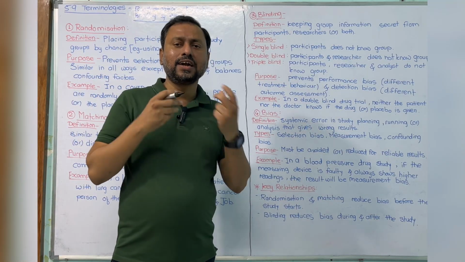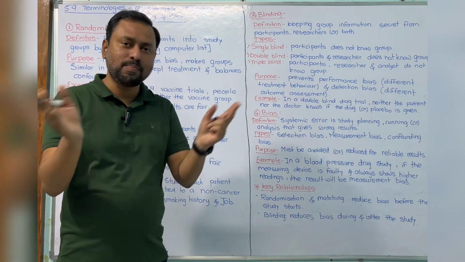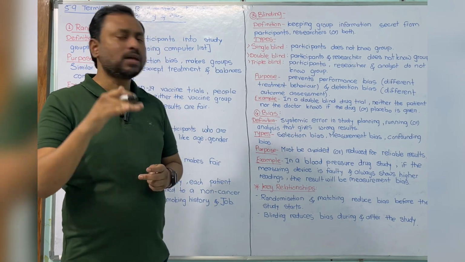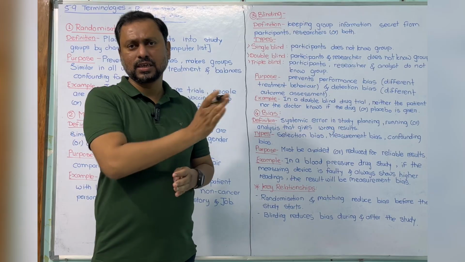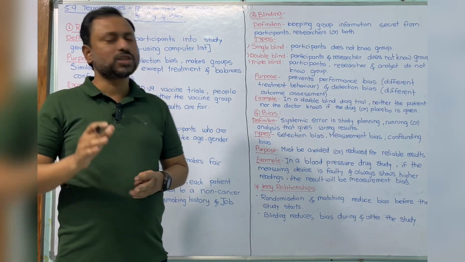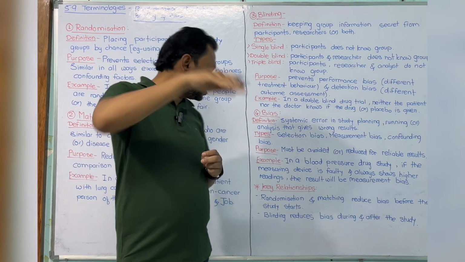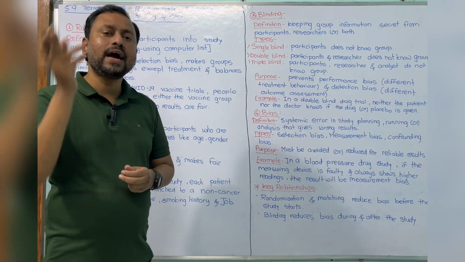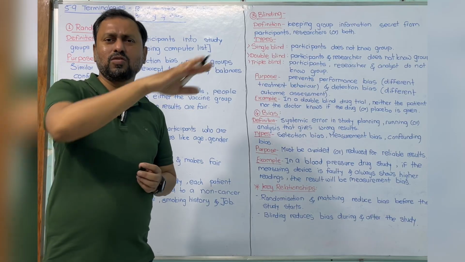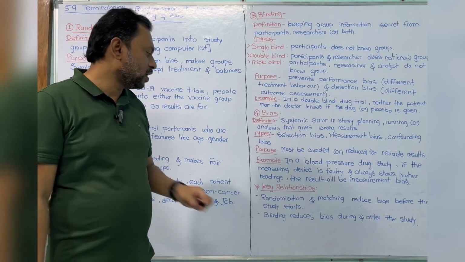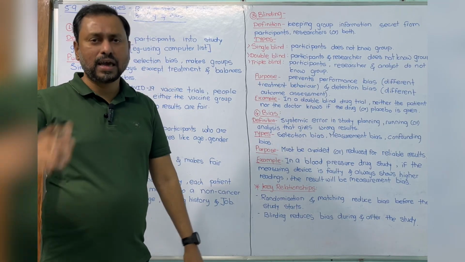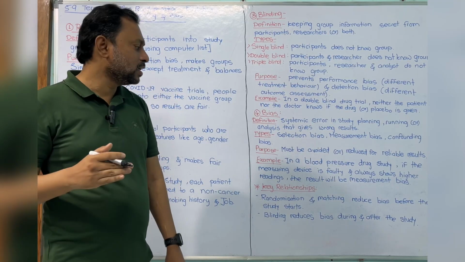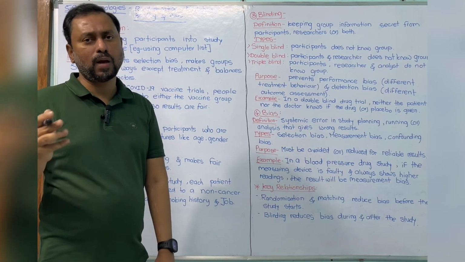If you select participants randomly and do the matching properly, you can reduce the one-sided result before the study starts. Next, blinding reduces bias during and after the study. While the study is going on, and after the study as well, blinding reduces bias.